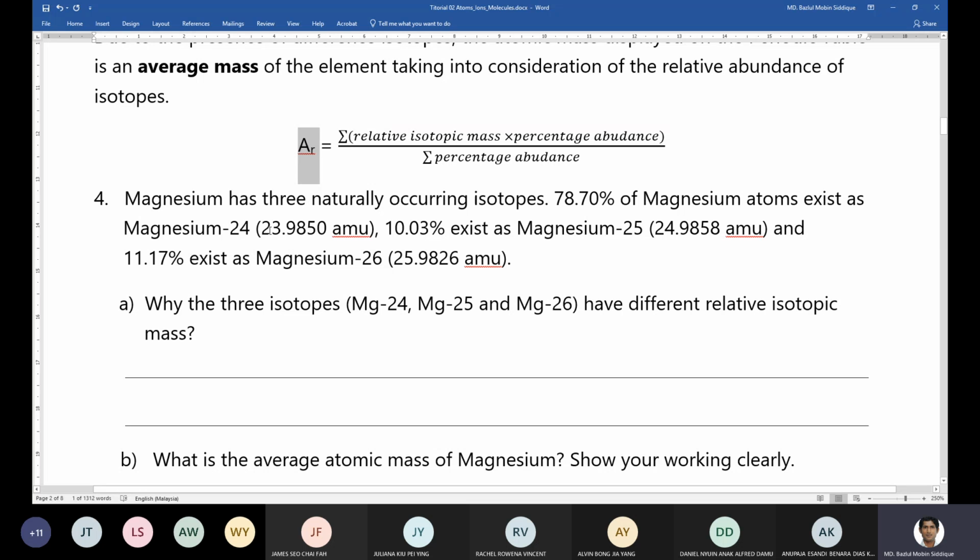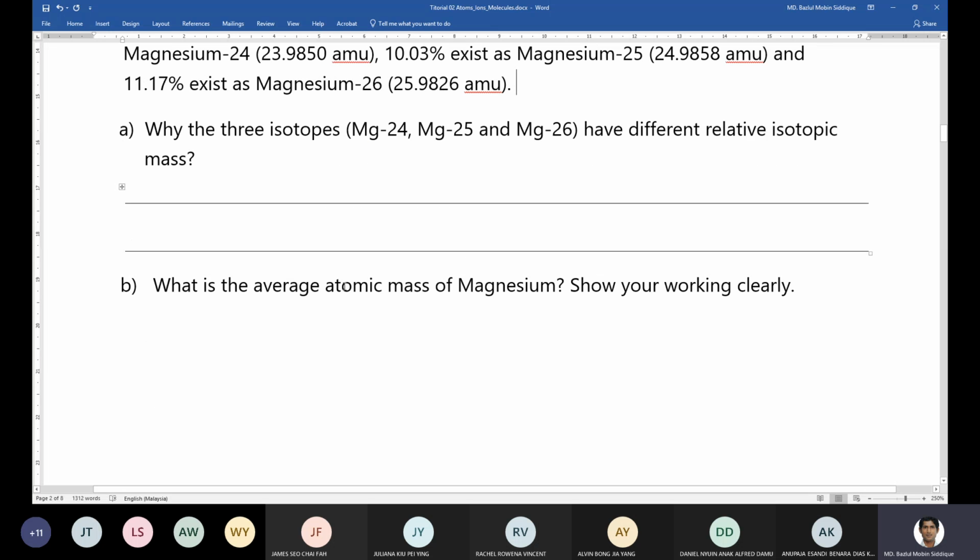Like magnesium-24 has 23.98 times 10.03, magnesium-25 will have 24.9858 times 11.17%, and magnesium-26 times the rest. The rest will be 100 minus 10.03 minus 11.17, which is the abundance for 26, and from there we can find the average mass.